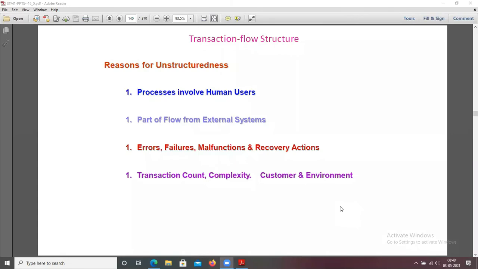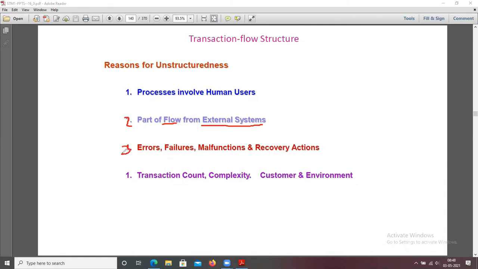The first one is that processes involve human users. Second, part of the flow comes from external systems, because some transactions use bugs that were coming from external systems.